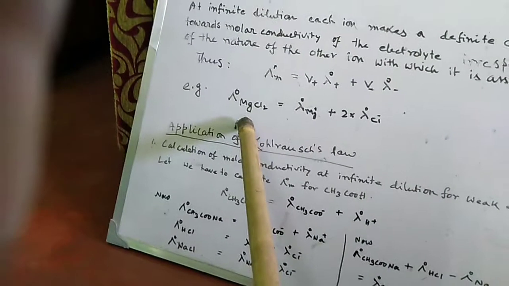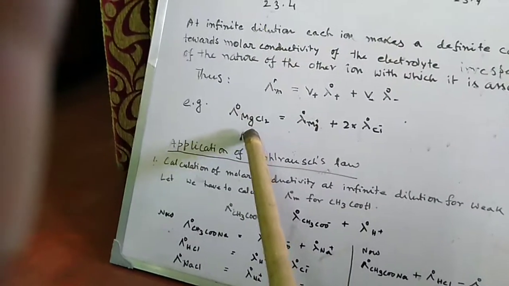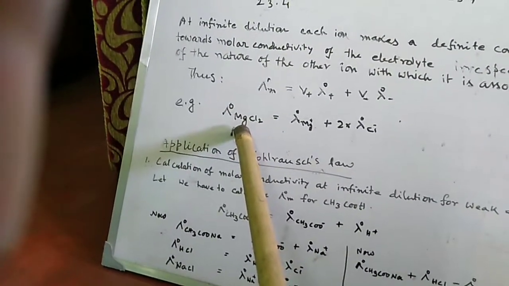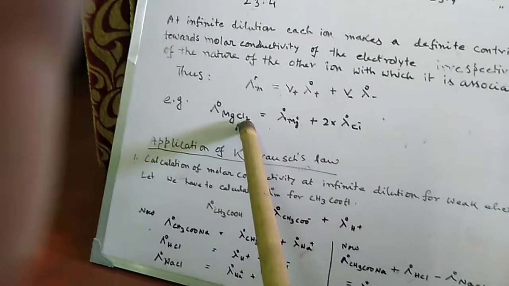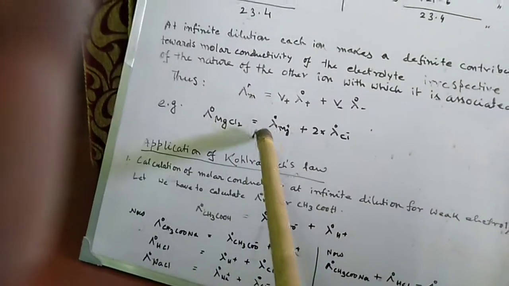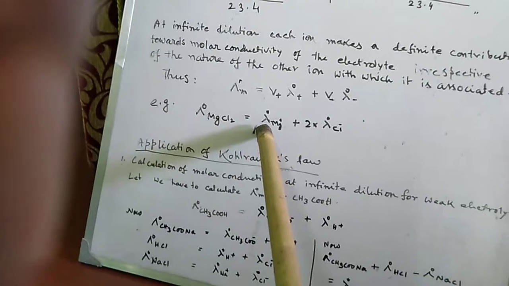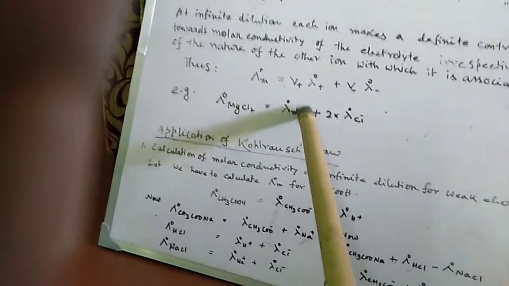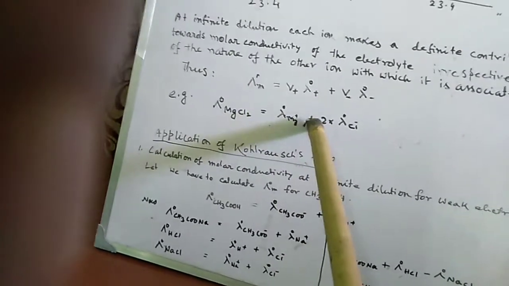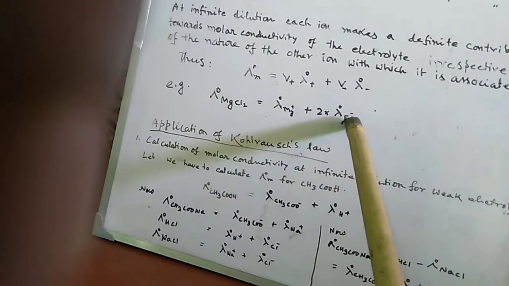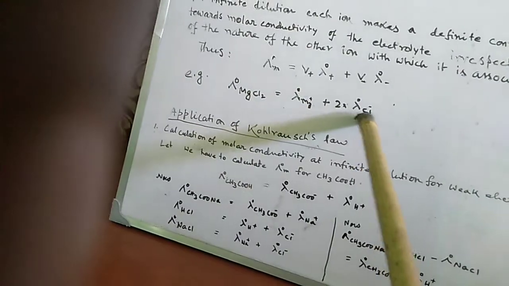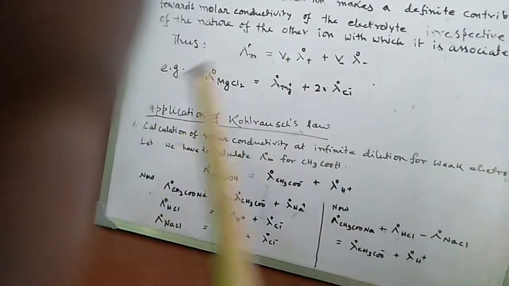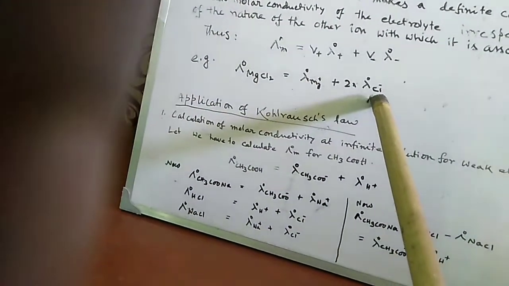For example, for MgCl2, how many Mg ions come from the formula? One, and 2 Cl minus ions come. So it will be the molar conductance of Mg 2 plus ion, into 1, plus 2 into the molar ionic conductance of Cl minus ion.